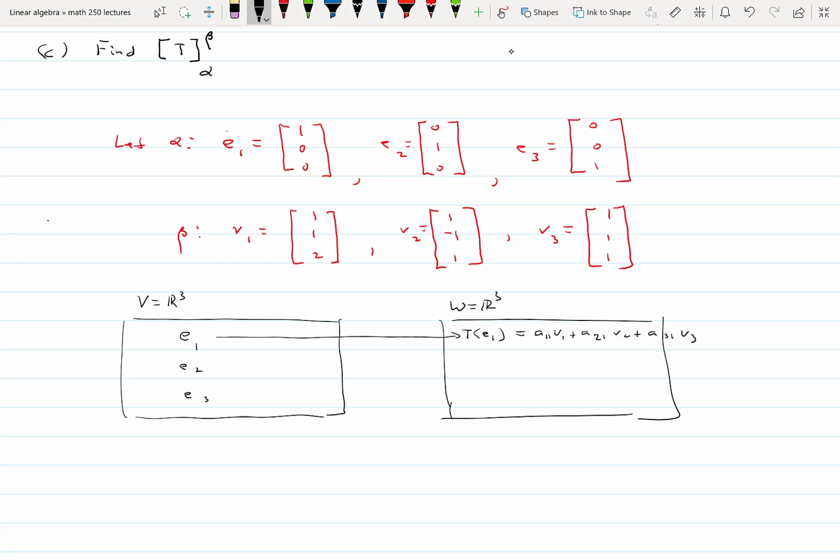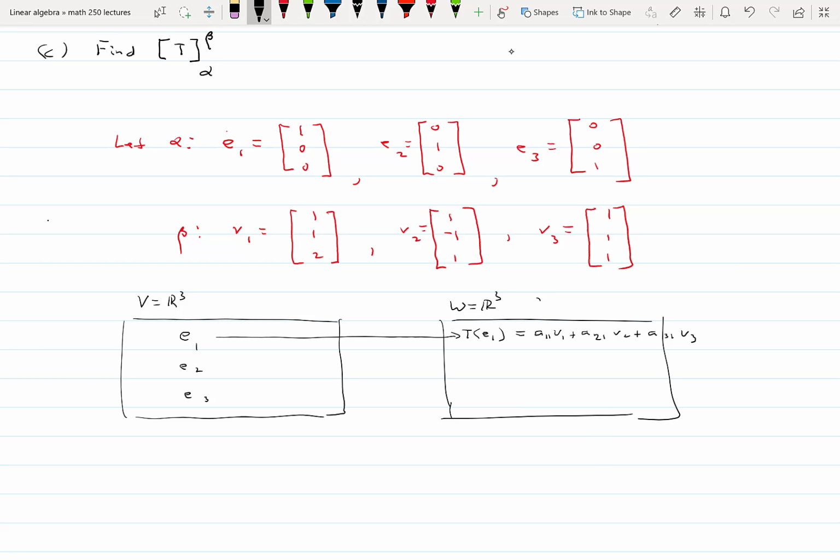So what that means is our linear transformation is going from R3 to R3. So V equals R3, W equals R3. We need to take E1 and figure out what the action of the linear transformation is on E1. That means we need to find T of E1. Then we need to write T of E1 in terms of the basis vectors beta.